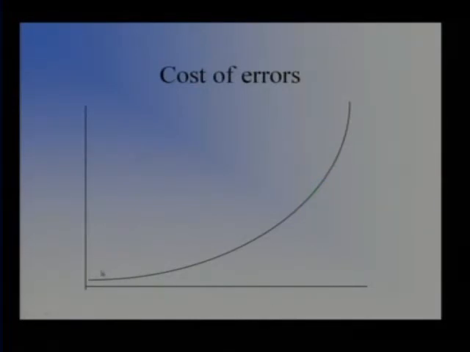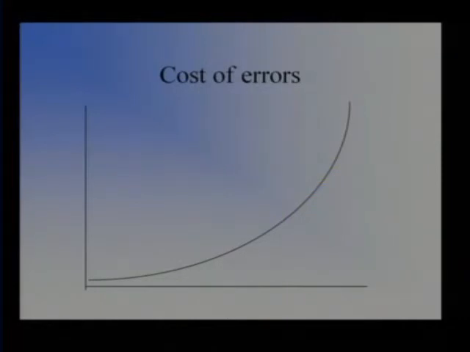If we can correct it early, during the define stage, it doesn't cost very much. Then when we get to the design stage, it costs a little bit more. And once we get to the do it stage, it costs a bit more than that, and when it's actually in production, the cost of that error is going to be very expensive. Sometimes it's in the millions of dollars.